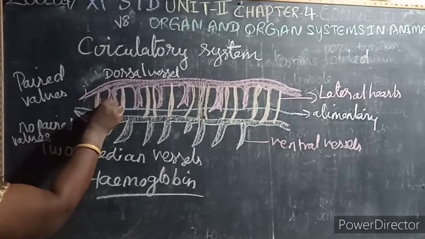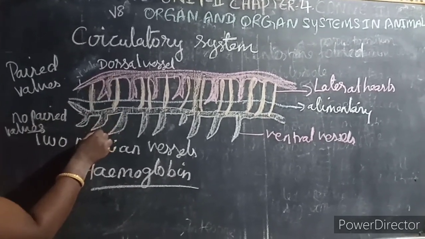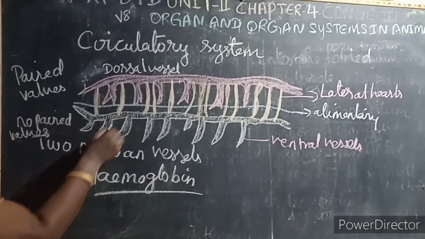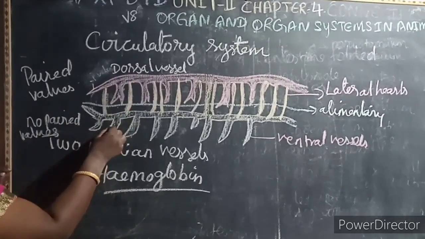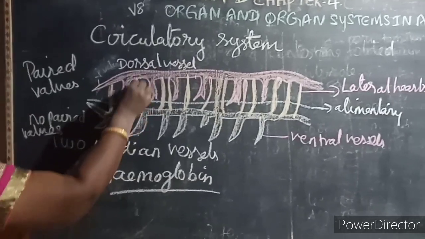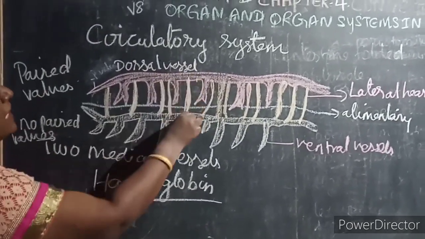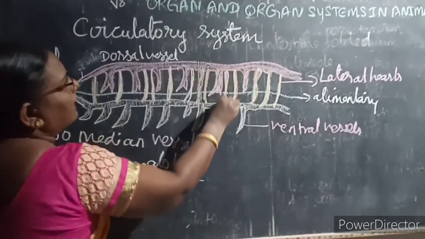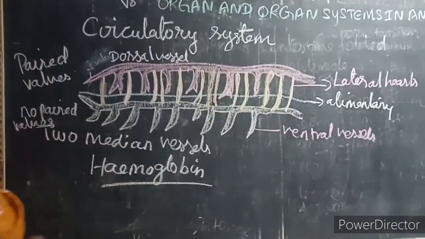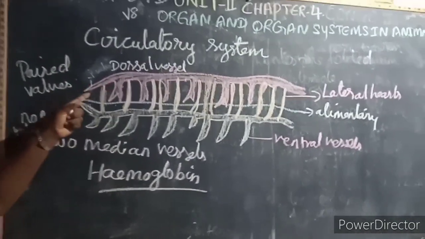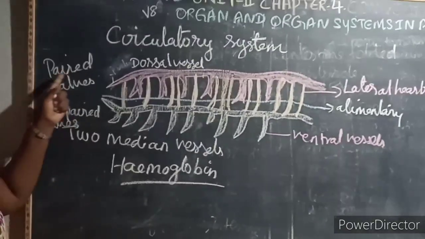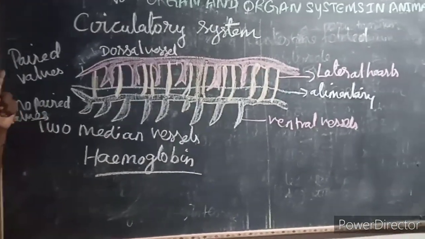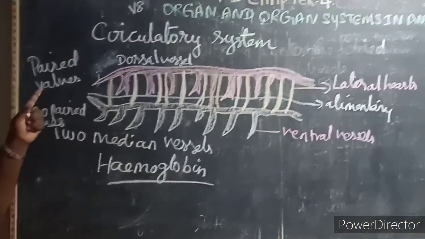The above one is known as the dorsal vessel. The below one is known as the ventral vessel. Both are connected by the 8 pairs of commissural vessels, or the lateral hearts. The dorsal vessel always receives the blood, and as the paired valves are present, it prevents the backward flow of the blood.